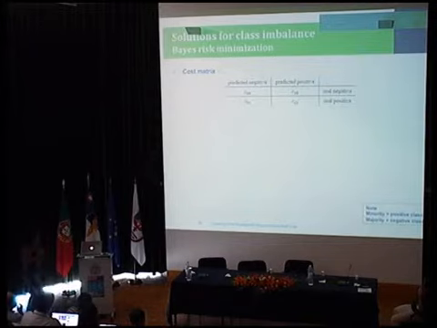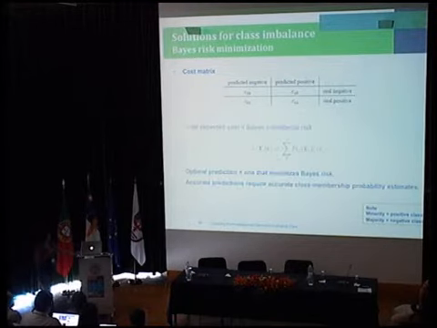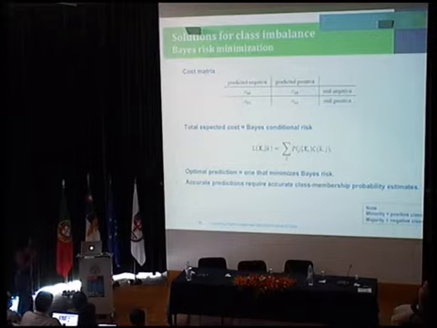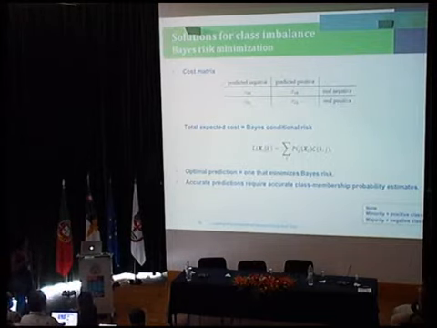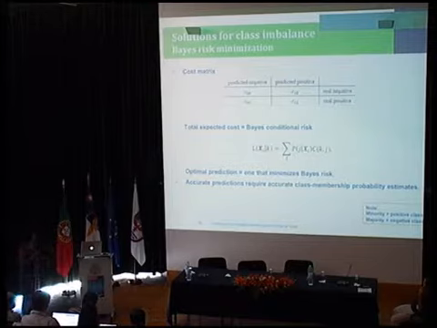Then, when using these algorithmic approaches, you usually have a cost matrix that is predefined or is inferred by the algorithm, and you usually use the Bayes conditional risk, and you say that the optimal prediction is the one that minimizes the Bayes risk, and that accurate predictions require accurate class membership probability estimates.